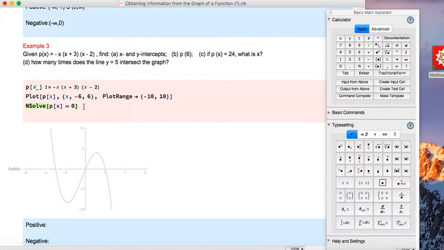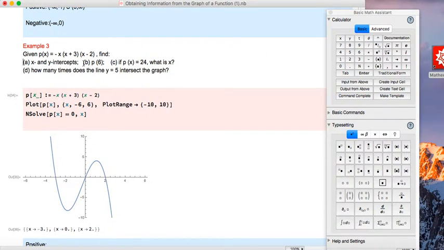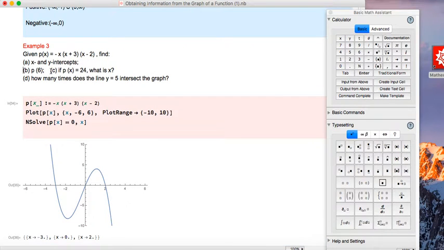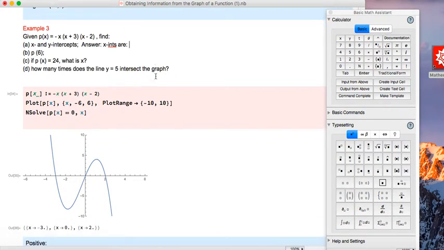For x-intercepts, y equals 0, so we want to find x. Here the x-intercepts are, so I would answer the question here. You could state the x-intercepts as points or just say the numbers.